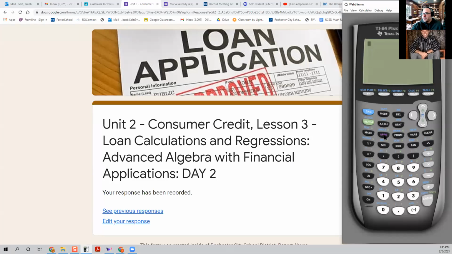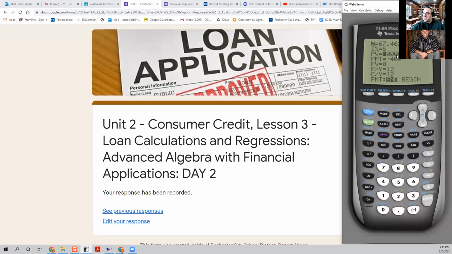Go to press apps on your calculator. You want the financial apps, press enter. You want the TVM solver, press enter. The first thing you're going to want to do is make sure P/Y and C/Y equal 12, which means compounded 12 times yearly, with 12 payments yearly. Then make sure the interest rate is 6.